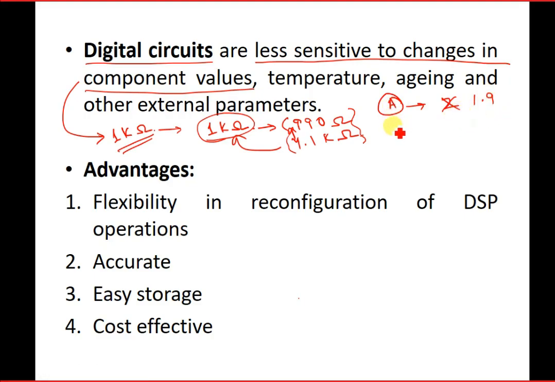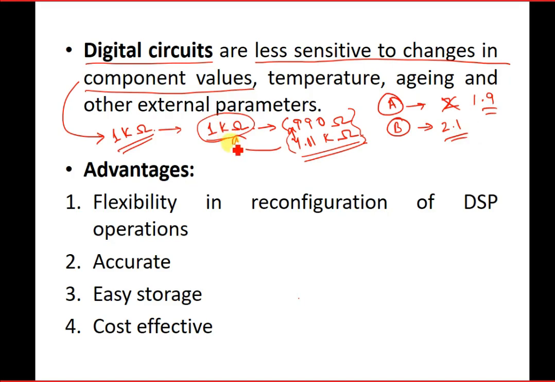Now another person designs the same circuit, and he uses a 1 kilo ohm resistance, but he has a resistance of 1.1 kilo ohm, or say 1.01 kilo ohm. In this condition, you may have a value greater than 2, say 2.1.